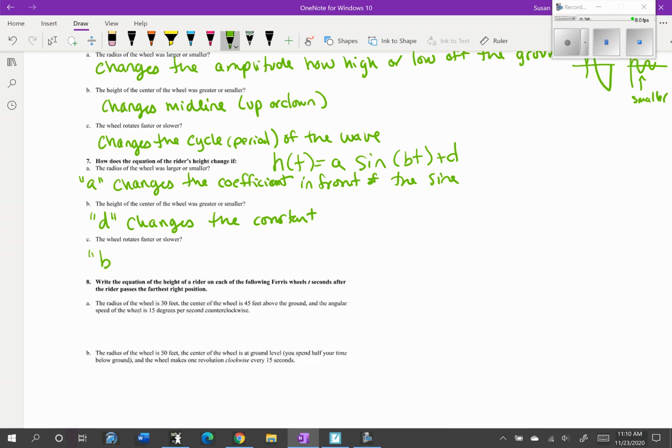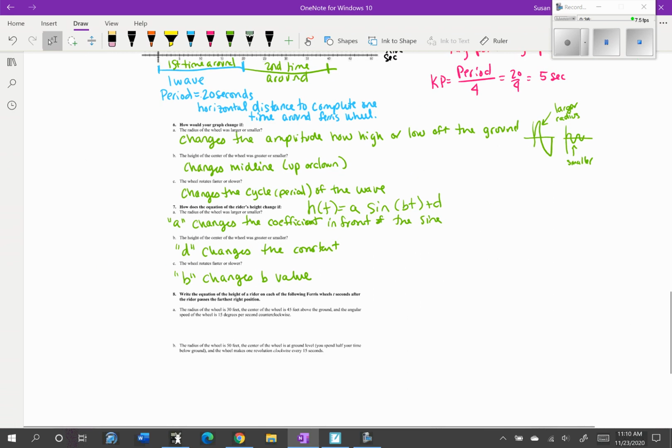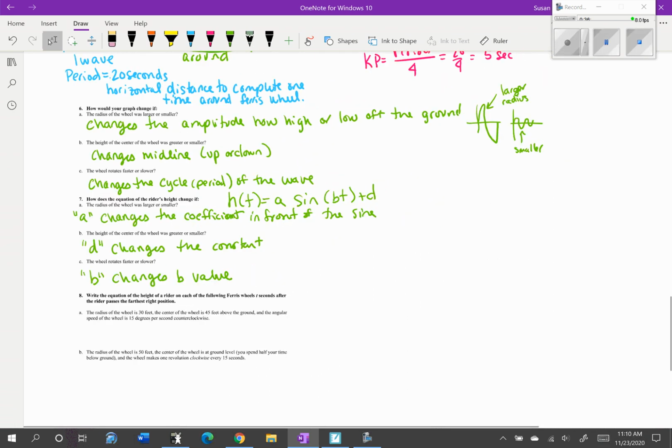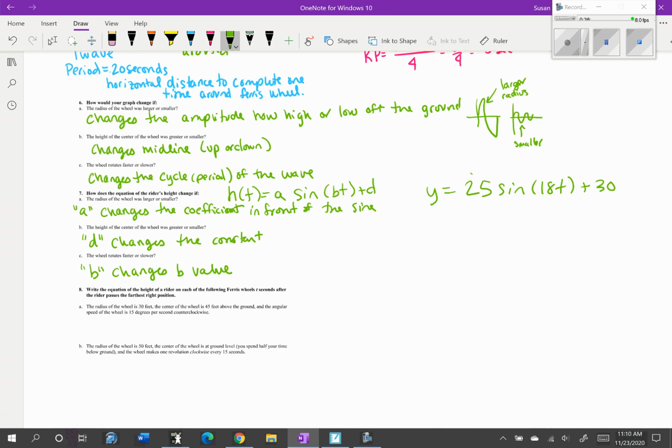So that would be your b value. From our equation that we had, because remember we had y equals 25 times the sine of 18t plus 30. So that's all the different values I had. So this is just the general equation, and this is the one that we were using.